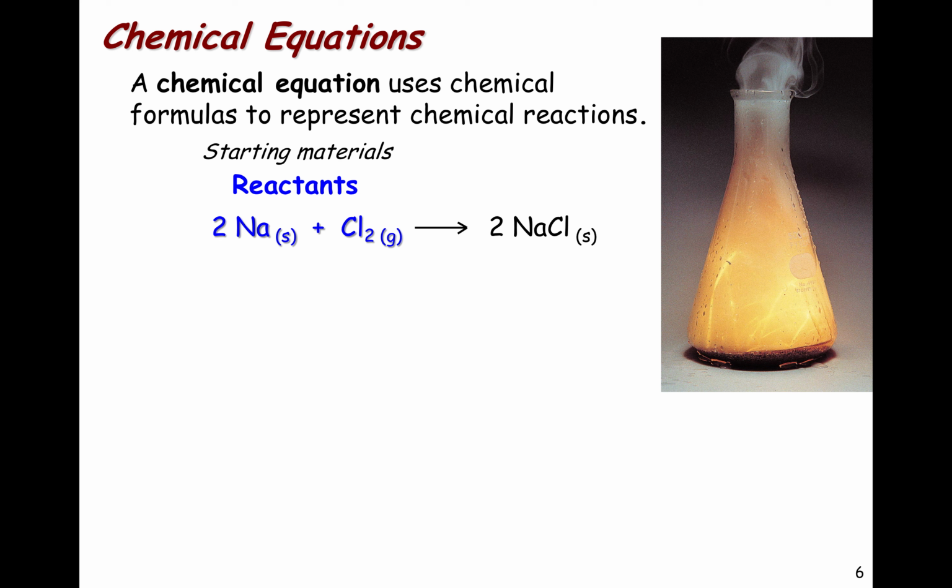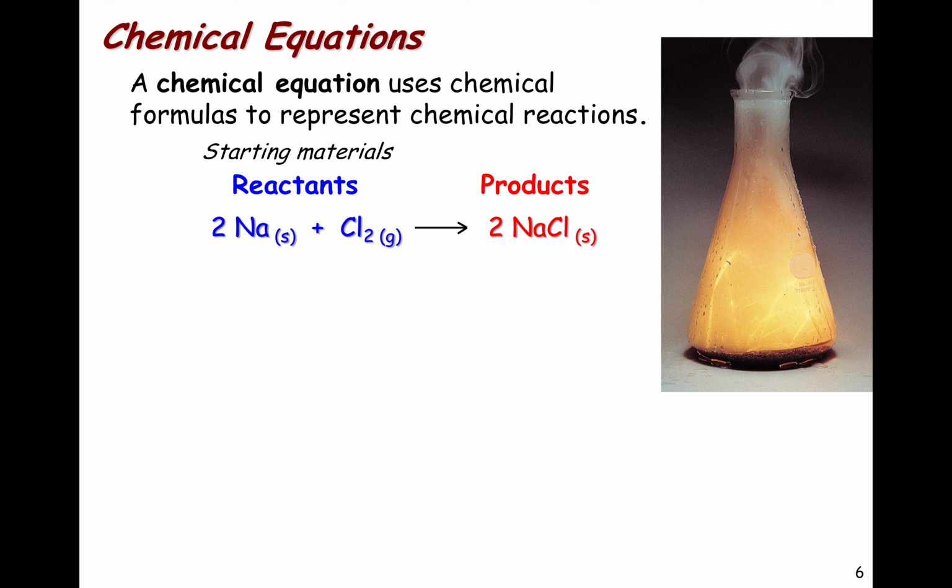The reactants are the sodium and elemental chlorine that you begin with, and these are always on the left-hand side of the reaction, to the left of the arrow that you see here. The products are to the right-hand side of the arrow, and they're shown now in red.